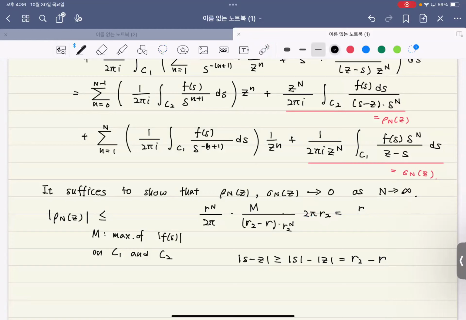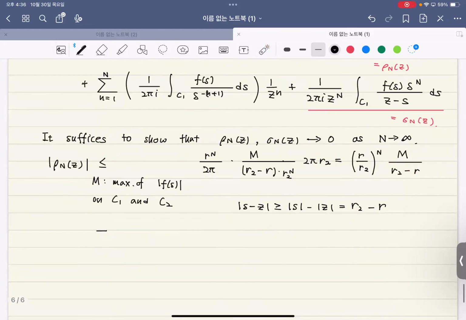So I have R over R2, everything raised to the power of n, times M and R2 minus R. And am I good? Yeah, good. Since we're comparing R and R2, obviously R2 is bigger than R. Therefore this ratio is less than 1, so this guy tends to 0 as n goes to infinity.